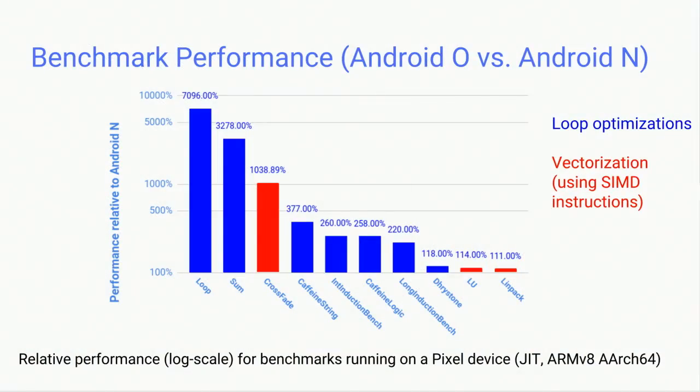So here you see a graph that plots Android O versus Android N performance, so higher is better. And the color encoding shows you specifically where loop optimizations in general, the blue stuff, have helped, and the red stuff where vectorization, which I'll talk about briefly, has helped. And you see that benchmarks on the left, like loop and sum, really get unrealistically high speedups.